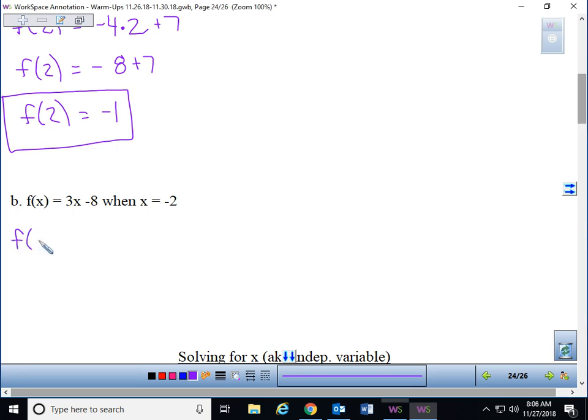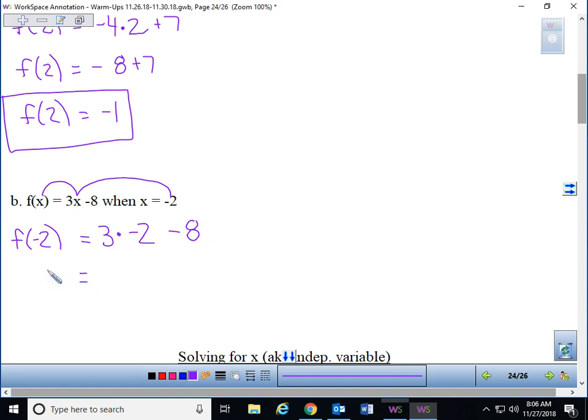Okay, so to check your work, we are substituting this x value of negative 2 anytime you see this x. So you really have f of negative 2 equals 3 times negative 2 minus 8.